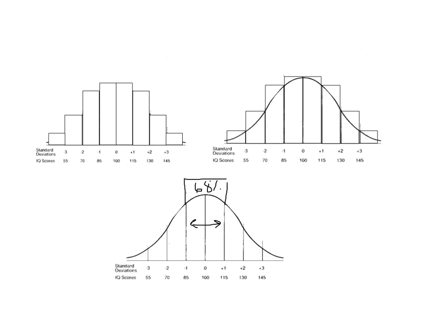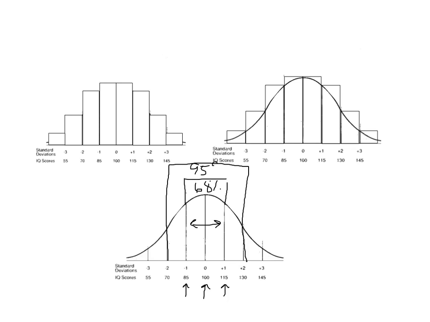We say that this 68% of the data falls within one standard deviation above and below the mean. The mean is always the number in the middle, and in a normal distribution, the mean and the median are always the same. If we take this out even further, 2 standard deviations above or below the mean covers 95% of the population.